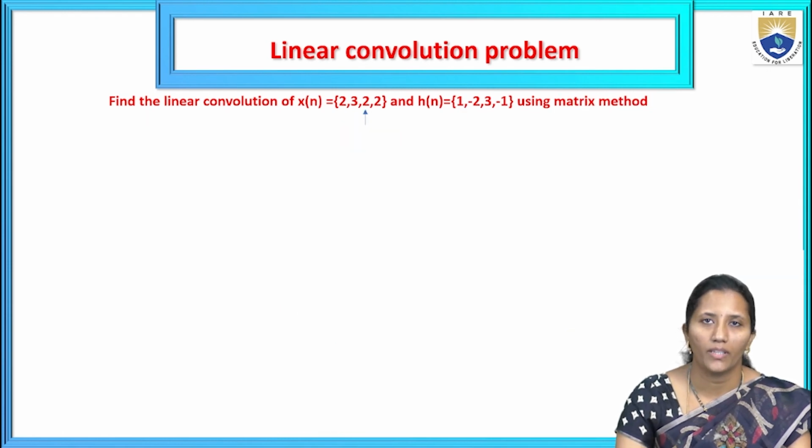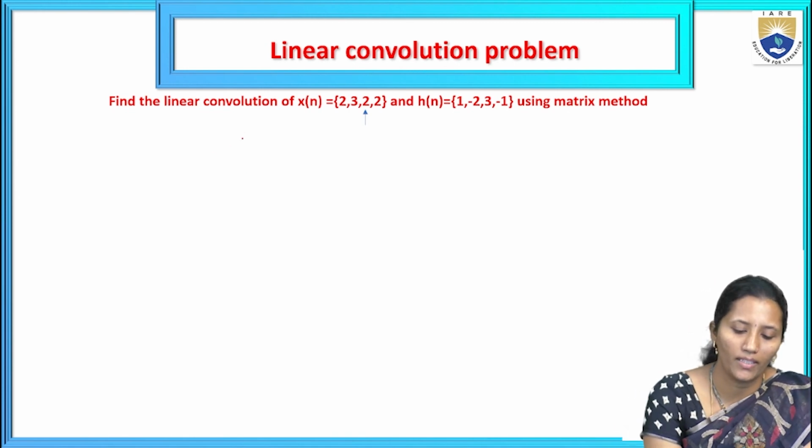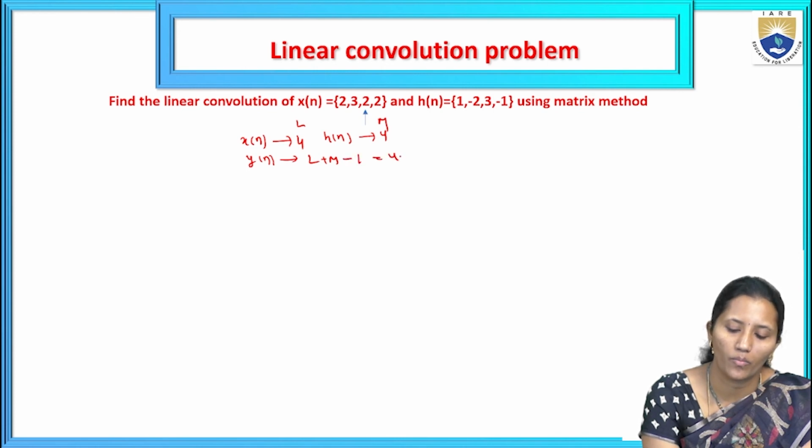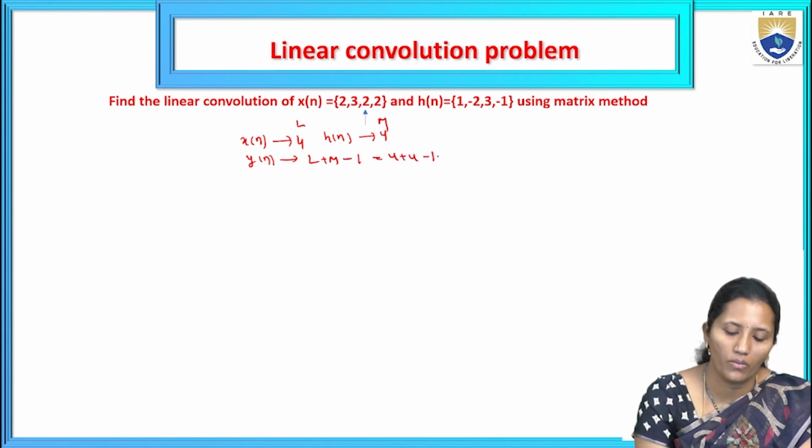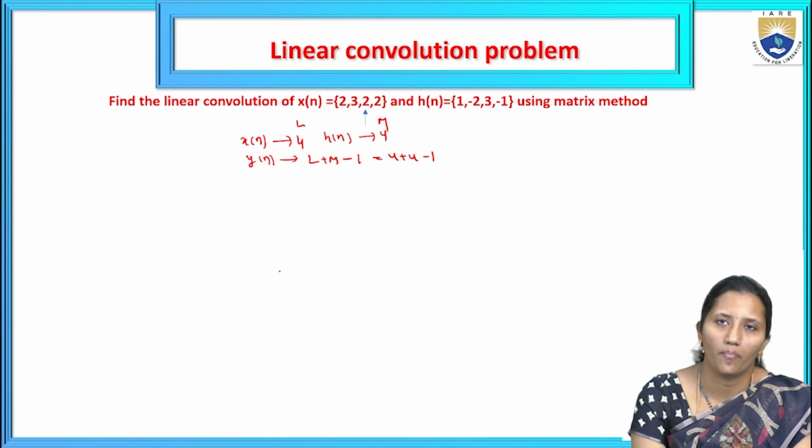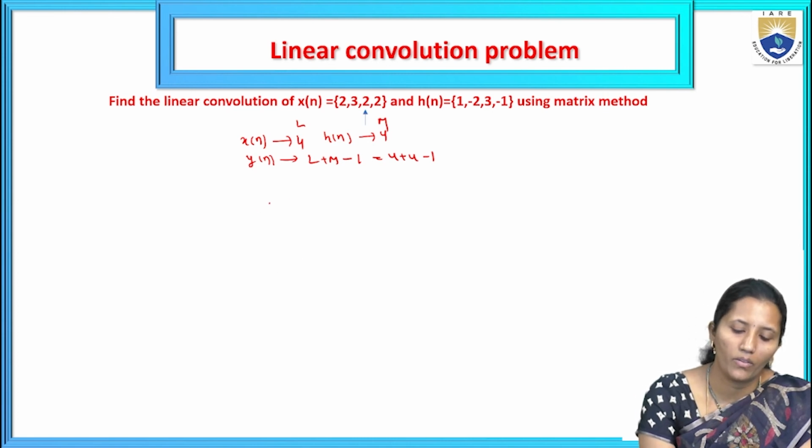Another method for linear convolution is the matrix method. Here the length of x of n is 4 and the length of h of n is 4, and the length of y of n is L plus M minus 1, that is 4 plus 4 minus 1. To get L plus M minus 1, the length of each sequence should be made equal to the length of y of n.